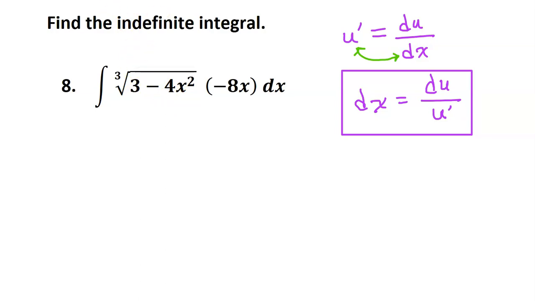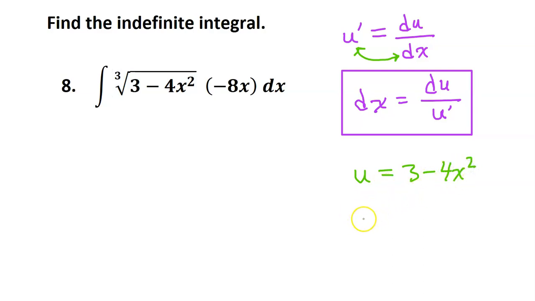So in this case, I'm seeing that we have 3 minus 4x squared. That would be a good possibility to replace with the letter u. So off to the side, let's write this. Let's let u equal 3 minus 4x squared.